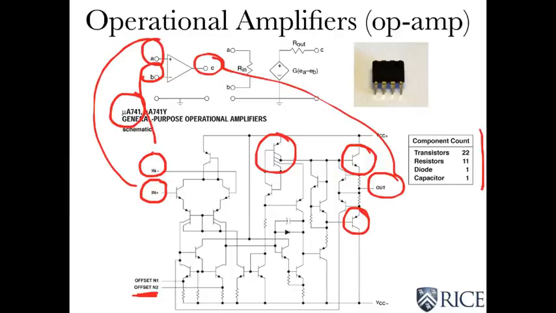But what I want to really point out are these two, VCC plus and VCC minus. Standard notation for the power supply. Turns out for this op-amp, the power supply has to be about 15 volts. So these are providing additional power to the circuit, which allow us to use the dependent source model.